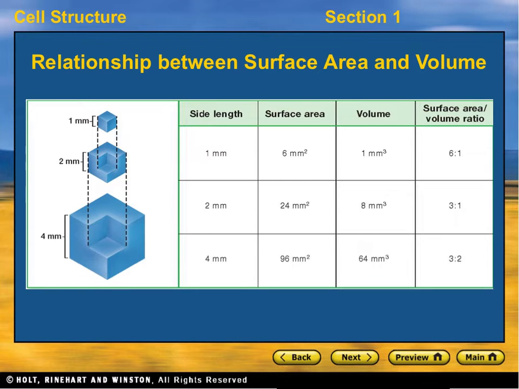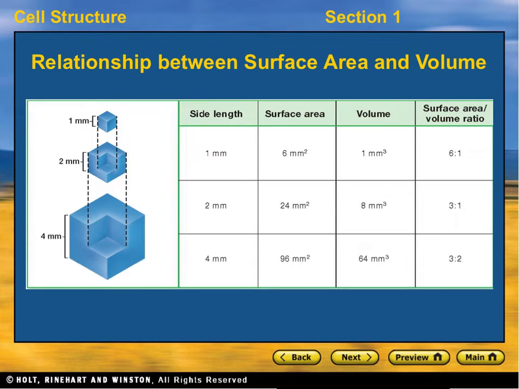So my surface area is 6 square millimeters. For the volume, I have length times width times height, or 1 times 1 times 1, which gives me 1 cubic millimeter. So if I set surface area to volume as a ratio, I get 6 to 1.